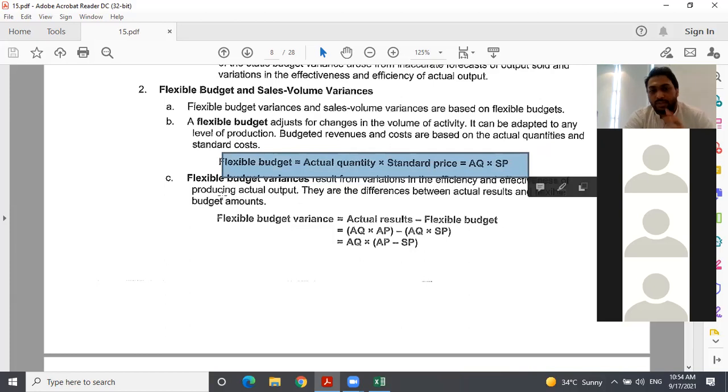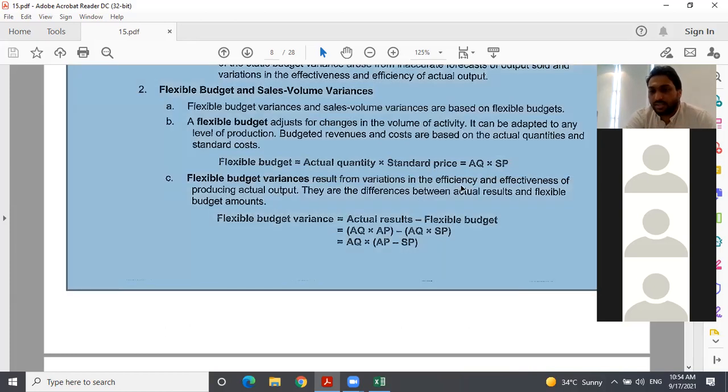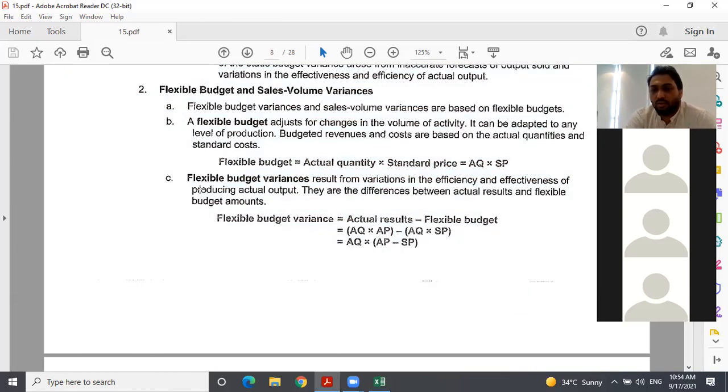Flexible budget variances result from variations in the efficiency and effectiveness of producing actual output. They are the difference between the actual results and the flexible budget amount. See here, when we have a variance from what we expected, here we are taking the same rate. That means we are taking the standard price for the actual quantity.